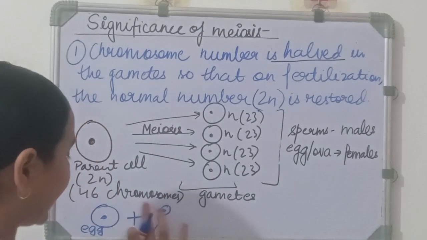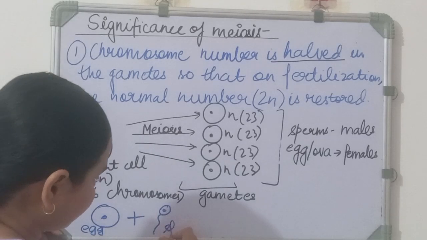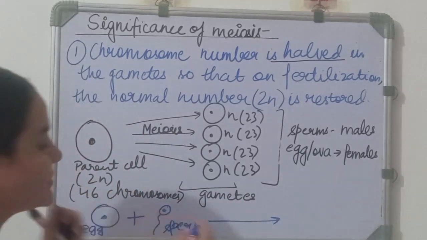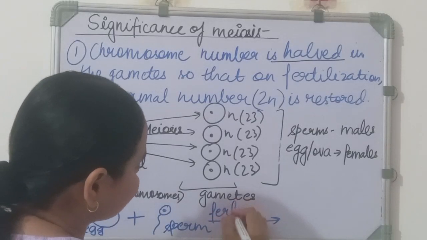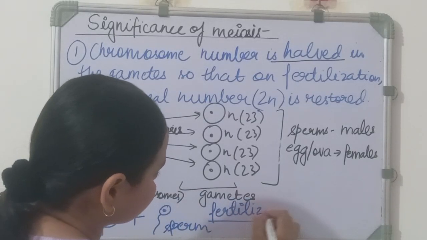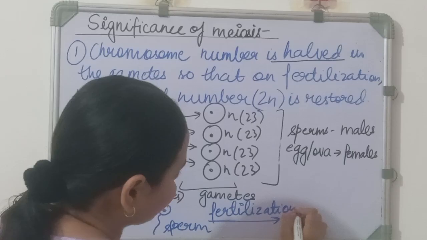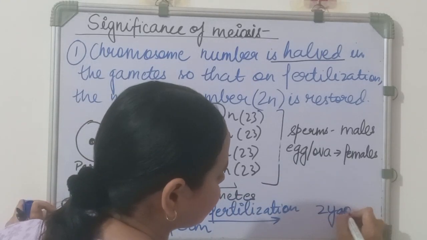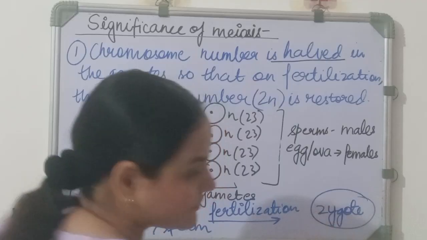Now these two fuse, that is leading to fertilization, and a zygote is formed in the female body.